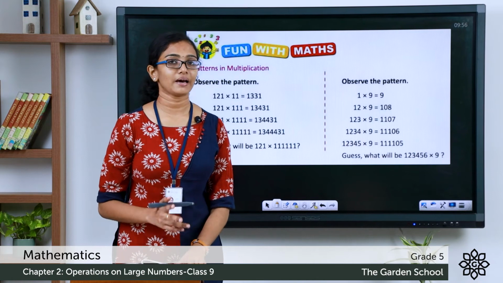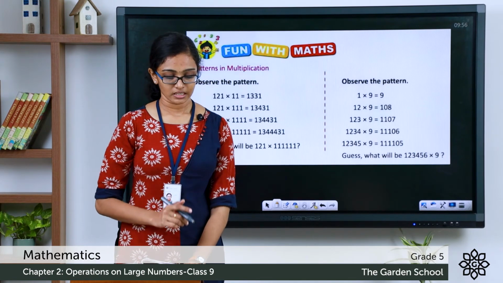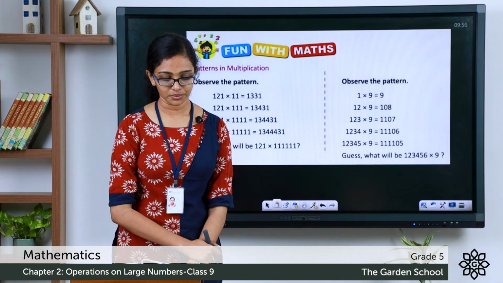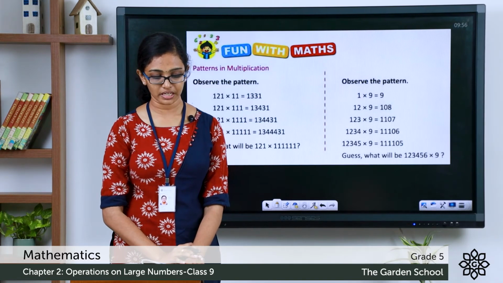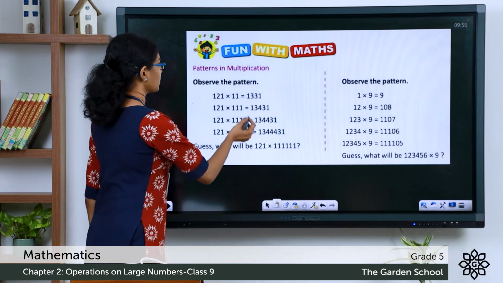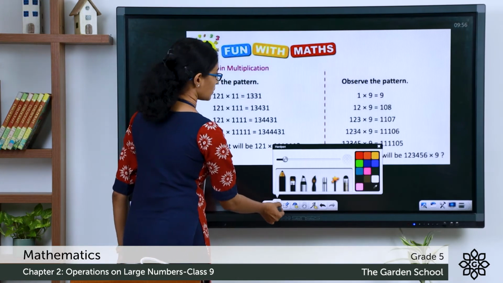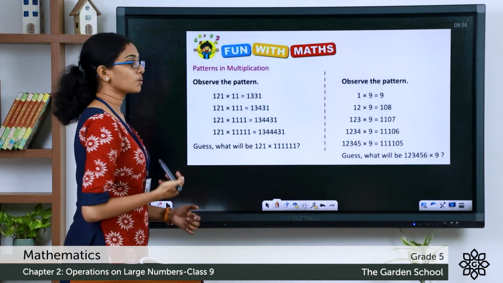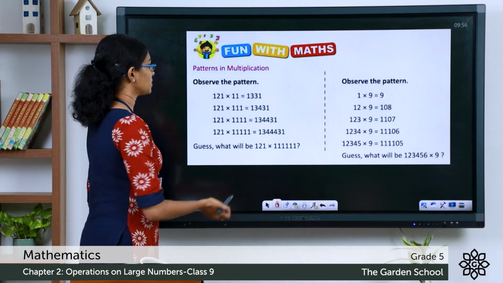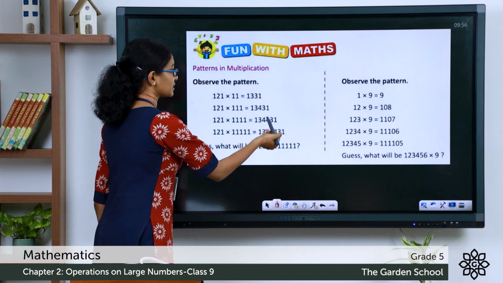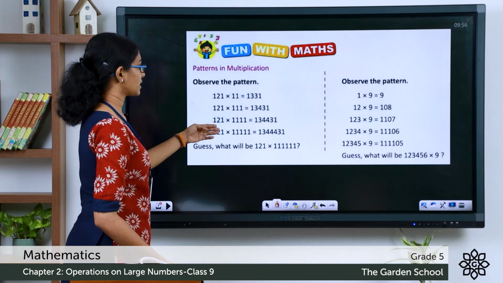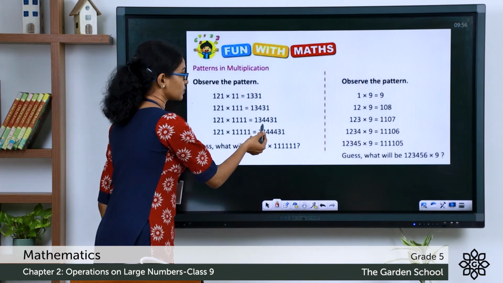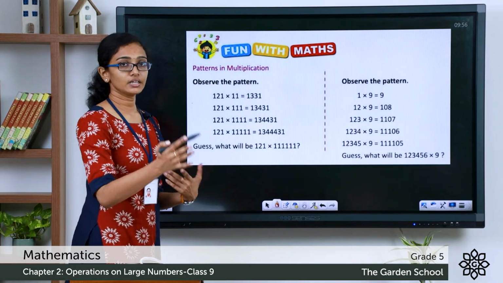Now, on the same page, do you see this heading, Fun with Maths? It's about some patterns in multiplication. You can look into your textbook now. The first one, observe the pattern. 121 into 11 equal to 1,331. And 121 into 111 is equal to 13,431. Now 121 into 1,111 equal to 134,431 and so on.